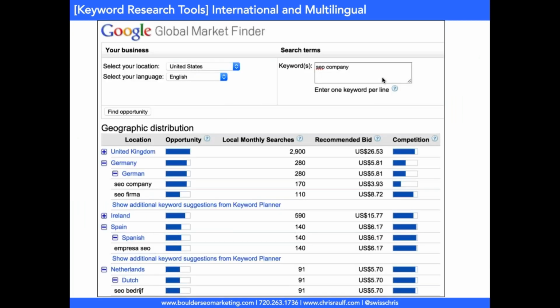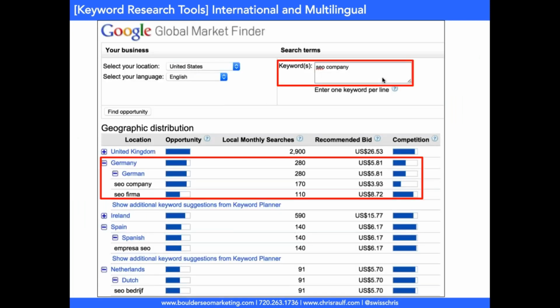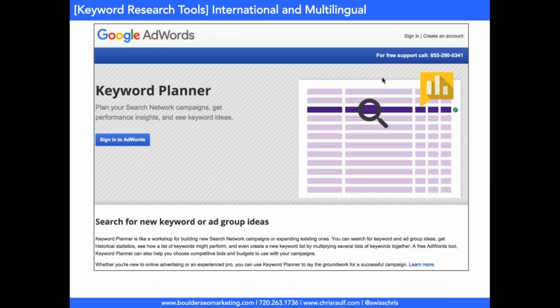Then click on Find Opportunity. Bang, right there. This tool now spits out translations with data that are very valuable to you. There we go. SEO company, SEO firma. I know exactly how many people are searching for those keywords in the German market. So this is a free tool.